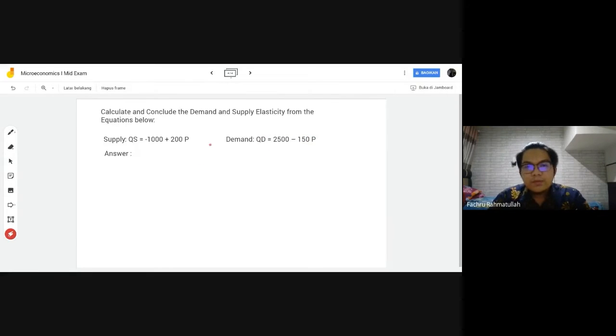So before we calculate or conclude the elasticity, we must know the equilibrium from these two equations. So firstly, if we want to search for the equilibrium, we must make QS equal to QD.